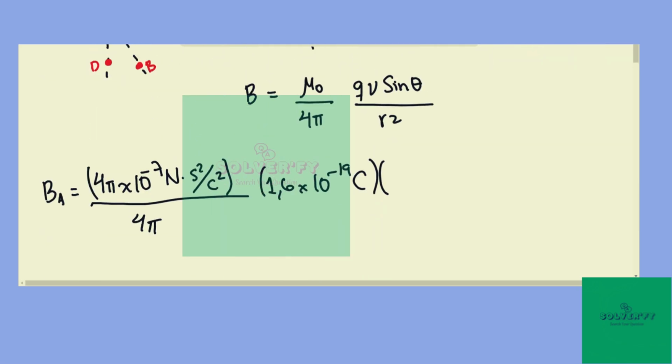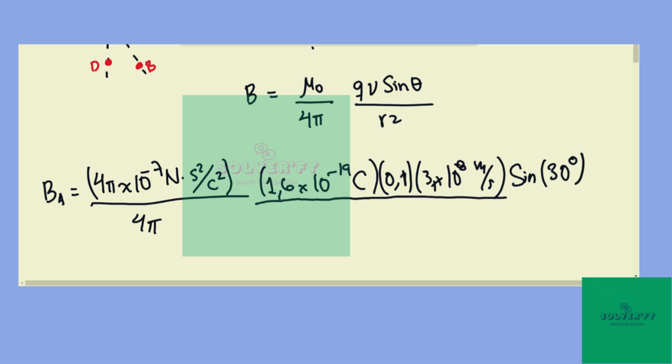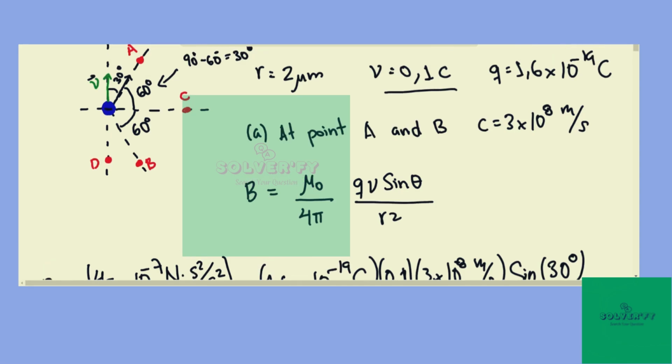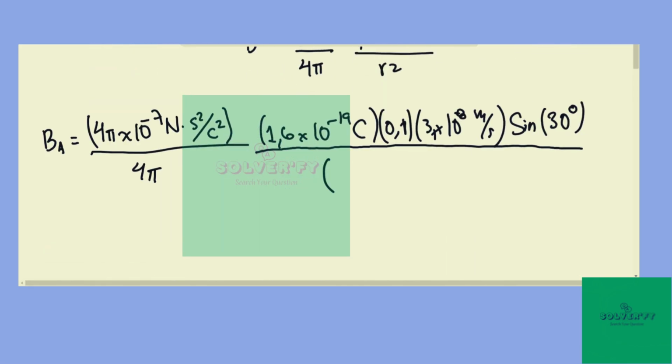So we put that in here, 0.1 times 3 times 10 to the 8 meters per second. And the angle, as we said, is 30 degrees. And the distance to that point is 2 micrometers, which is 2 times 10 to the minus 6 meters.